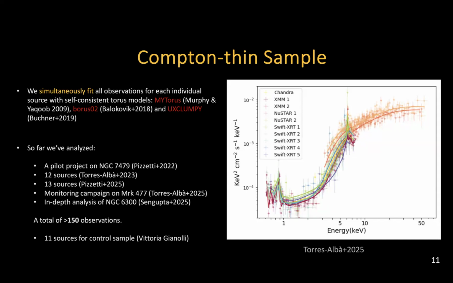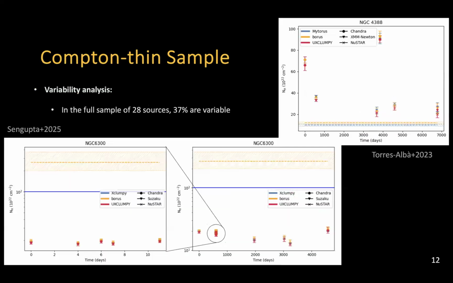At the moment, we have analyzed more than 150 different observations, and we are working on the rest of the sample that was initially not found to vary, because of course, eventually we want something unbiased. So I'm just going to present a few of the most interesting or preliminary results of this analysis.